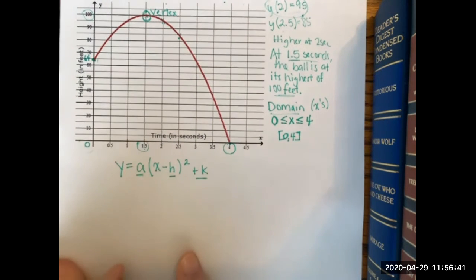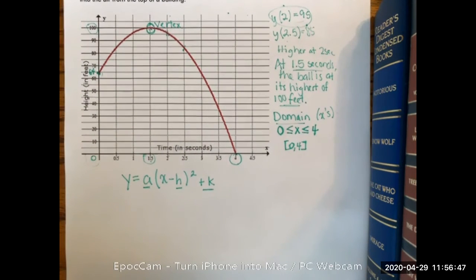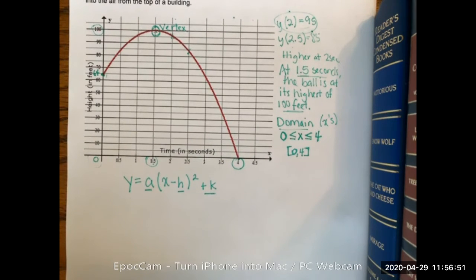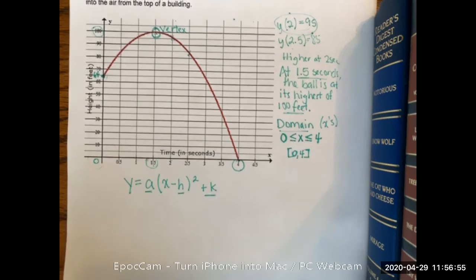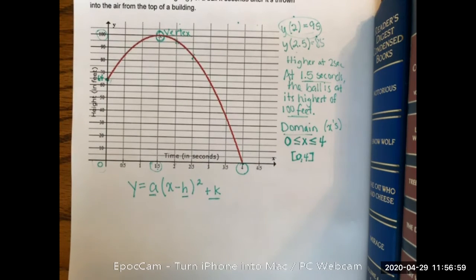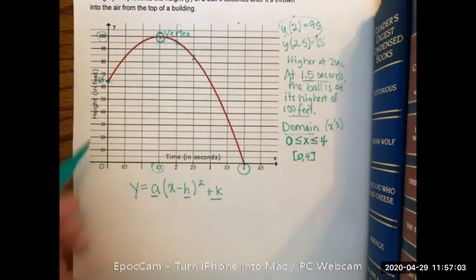Our a is our vertical stretch. One of the things that we did a lot to find a was using out 1, up 1, out 2, up 4, or out 1, down 1, out 2, down 4. That's going to be really hard to do with this particular graph because of our numbers here on our y-axis.